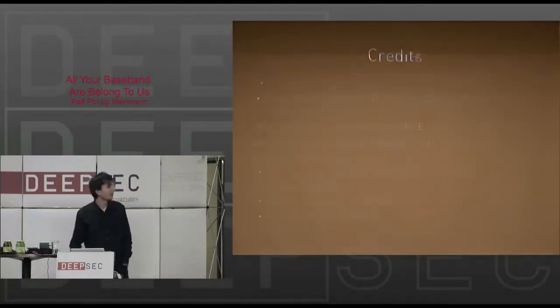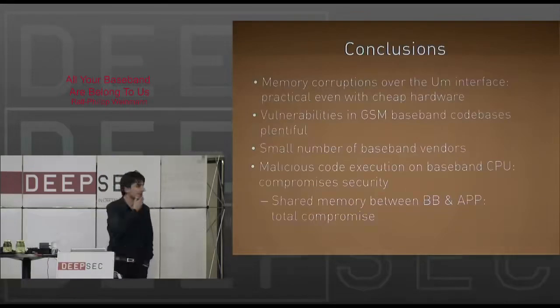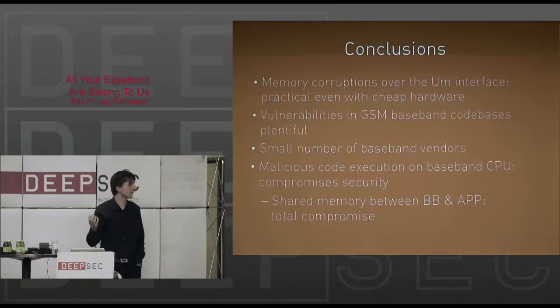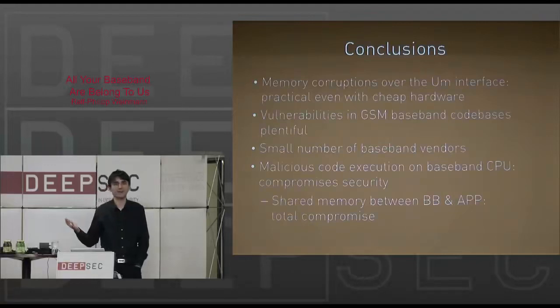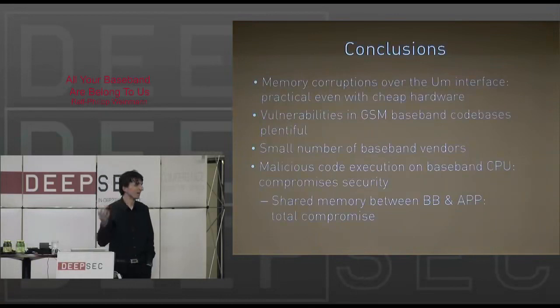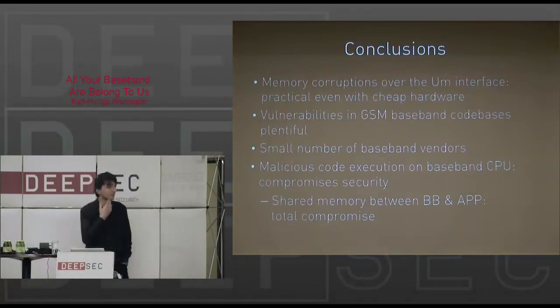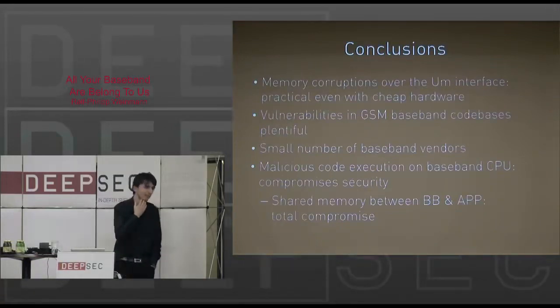So, memory corruptions over the air interface are possible, even with cheap hardware. Cheap, well, okay, below $2,000. I mean, it's the price of a halfway decent laptop, right? So you shouldn't discount that. Vulnerabilities in the GSM baseband code bases are plentiful at the moment. I hope that'll change.